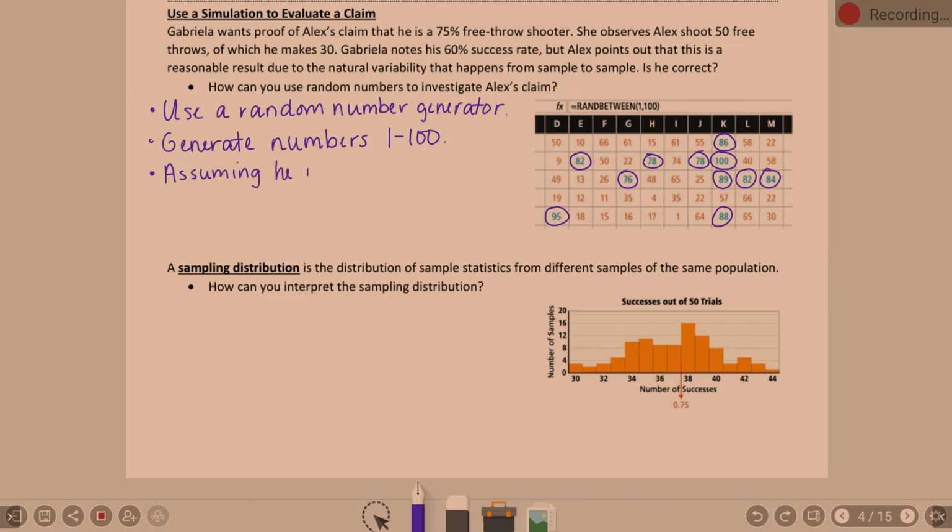Assuming he makes 75%, then we're going to let 1 through 75 represent makes, if you will. And then 76 through 100 are misses.